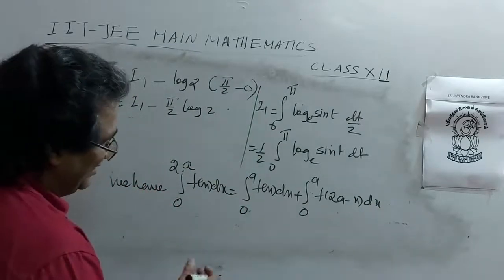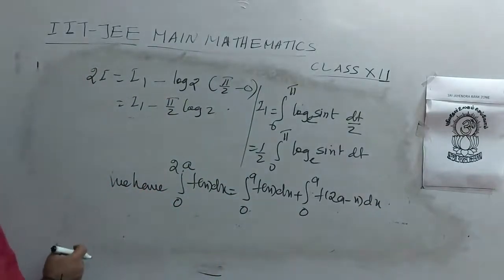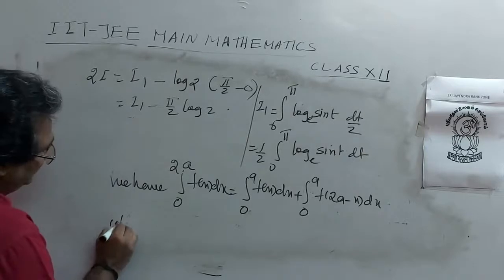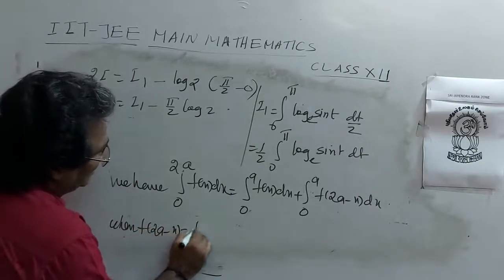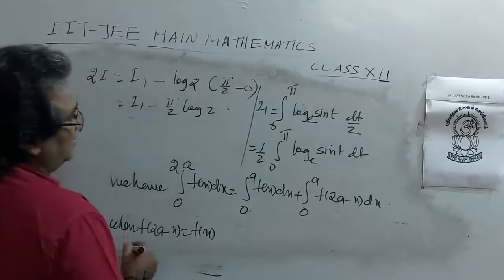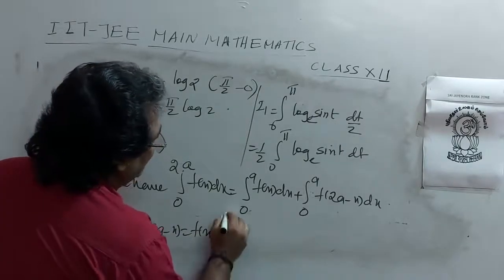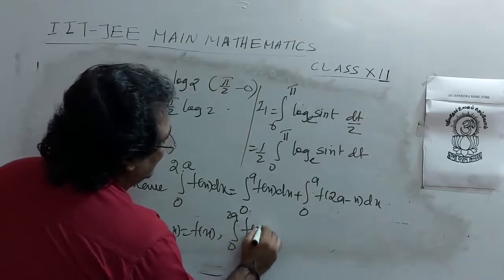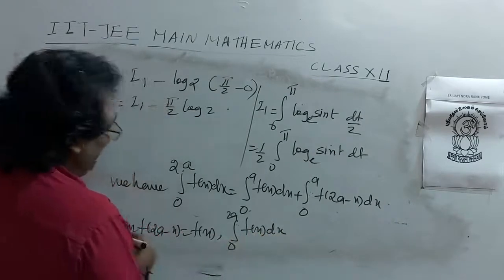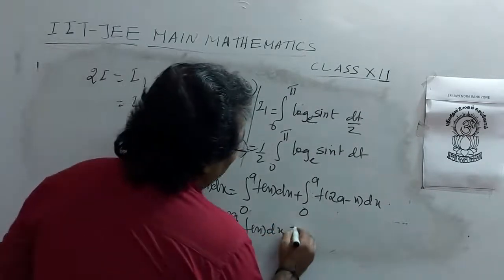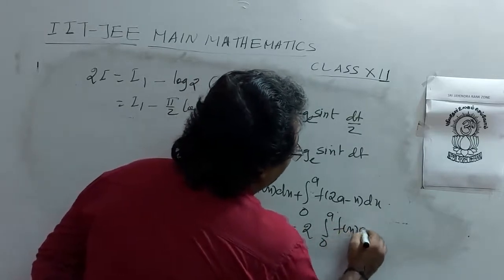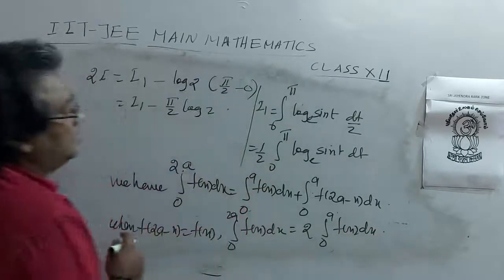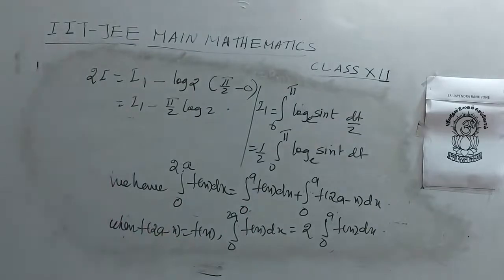We have to see next this property: when f of 2a minus x equals f of x, integral 0 to 2a f of x dx equals twice integral 0 to a f of x dx.